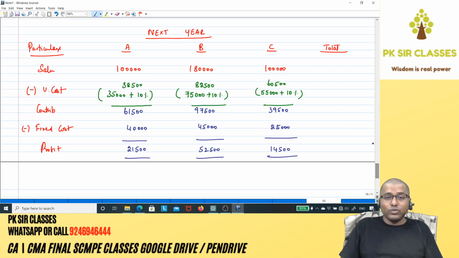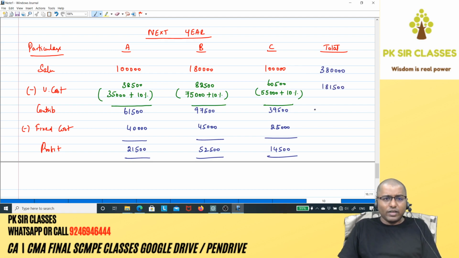Okay, now we have to total the figures because we need to find everything for the company as a whole. So sales, I think already we have calculated: 1 lakh plus 1 lakh 80,000, 2 lakh 80,000, plus 1 lakh, 3 lakh 80,000. Variable cost we need to calculate: 38,500 plus 82,500 plus 60,500, 1 lakh 81,500.